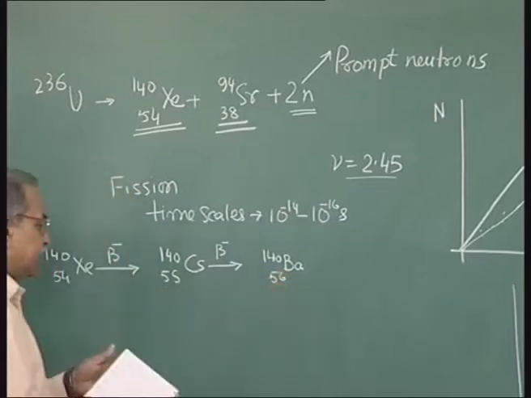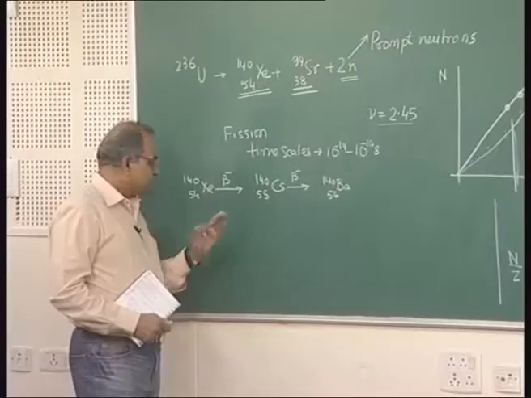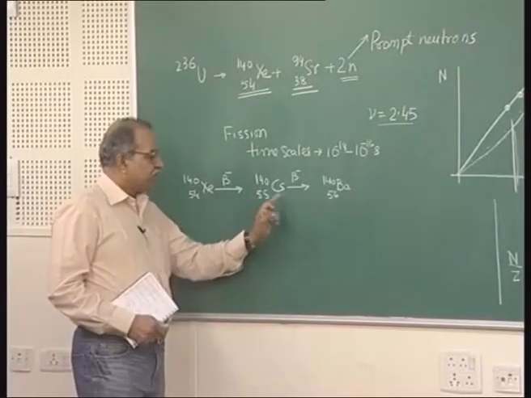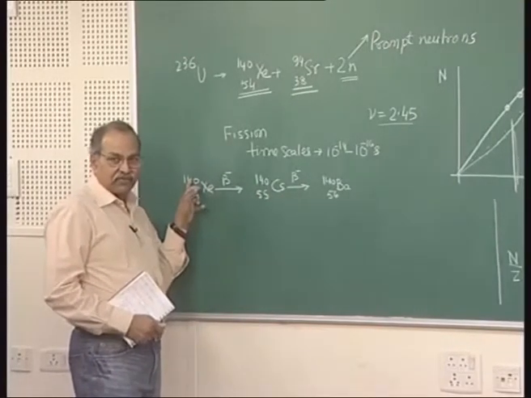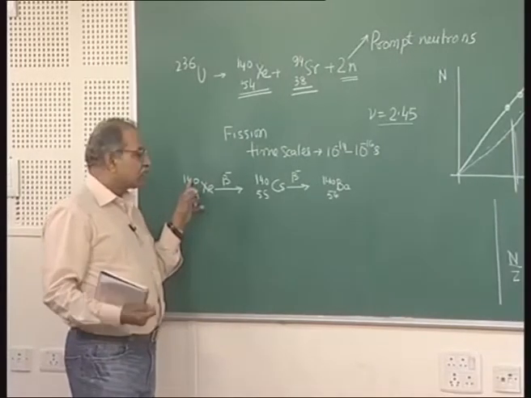In beta decay, the proton number will increase by 1 because a neutron is converted into proton. So, 54 becomes 55, 55 becomes 56 and so on. The total number of nucleons remains the same, 140, because a neutron is converting into proton.